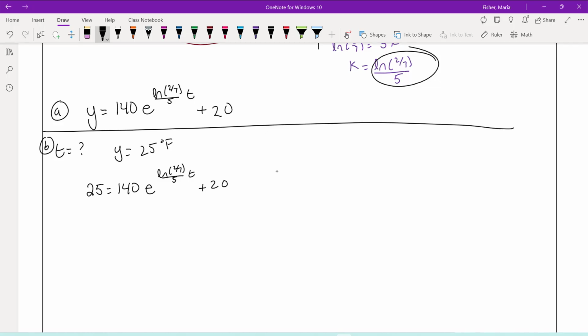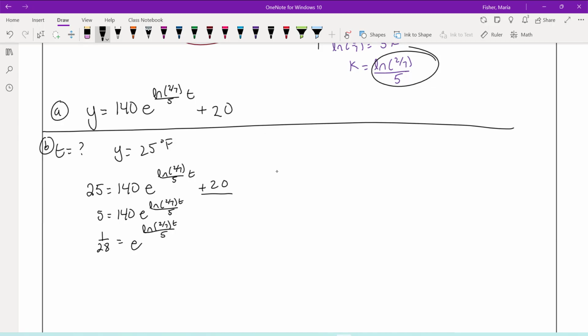Just like before, the first thing you had to do is subtract 20 from both sides, and we have 5 is equal to 140 e to the natural log of 2/7 t over 5. Divide both sides by 140, and we get 1 over 28 is equal to e raised to the natural log of 2/7 t divided by 5.